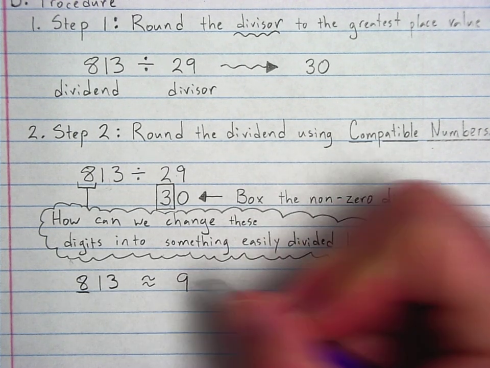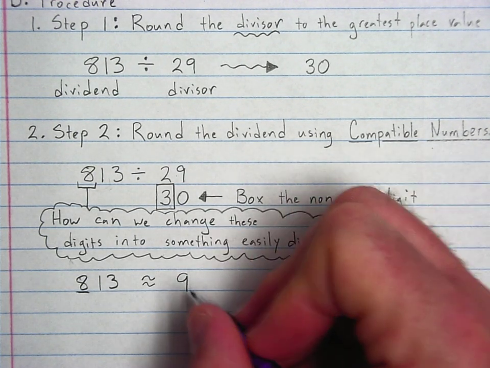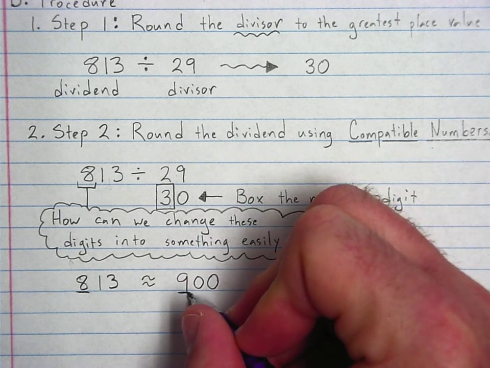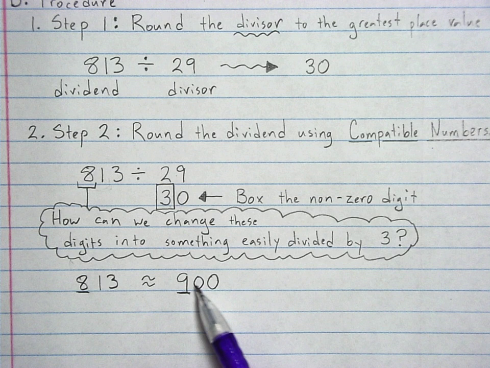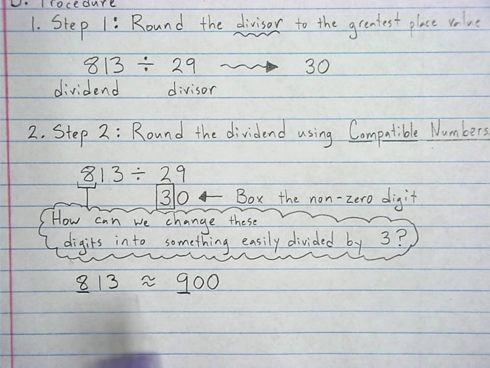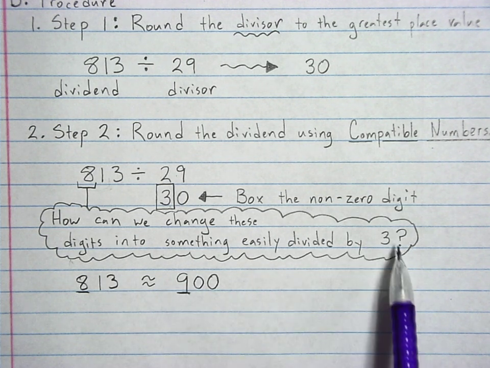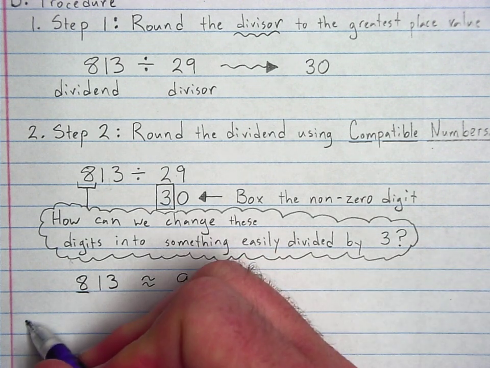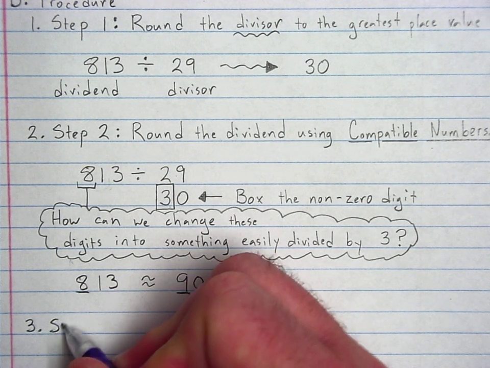I am going to round it up to 900 because that 9 is very easy to divide by 3. That 9 is a multiple of 3. Let me show you in step 3.